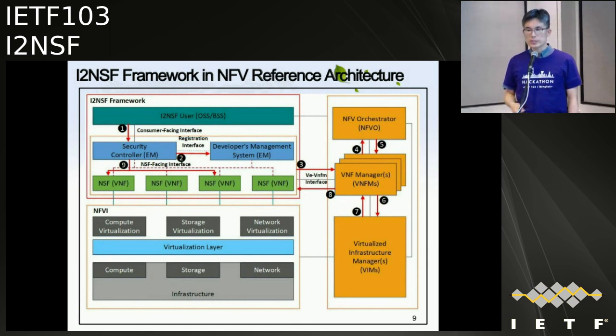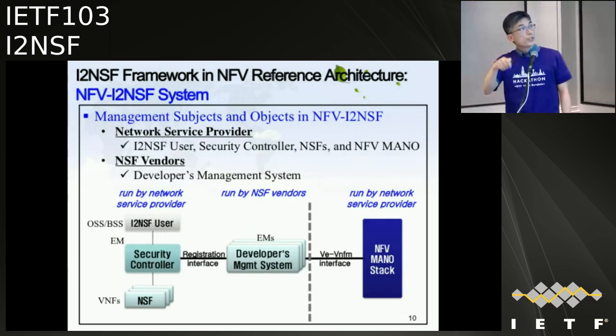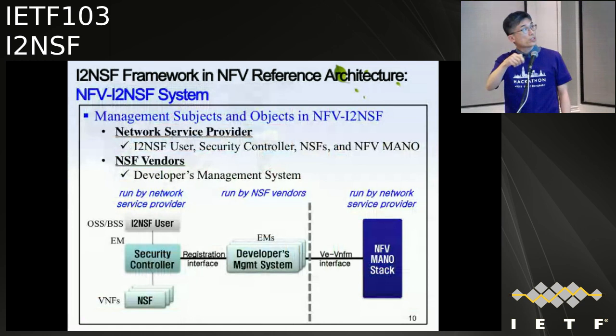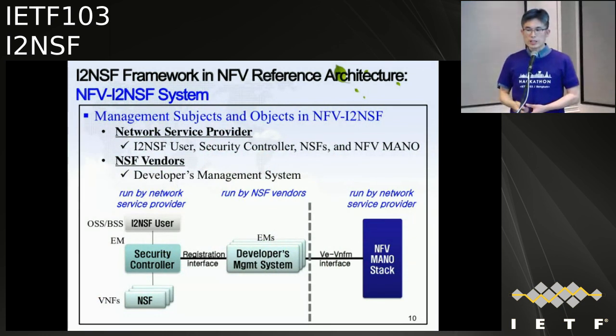So we implemented this. This figure highlights the previous one. In terms of the I2NSF framework, you can see the I2NSF user, this is the security controller, this is the development management system, and the NSF. So this is the NFV OpenStack. And then right-hand side, this one is the MANO stack. The MANO stack manages the VNF.